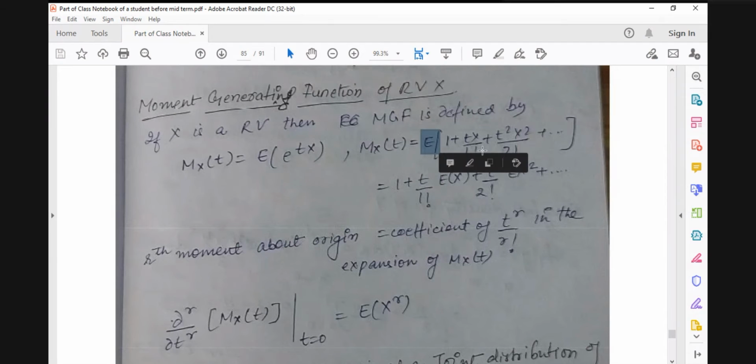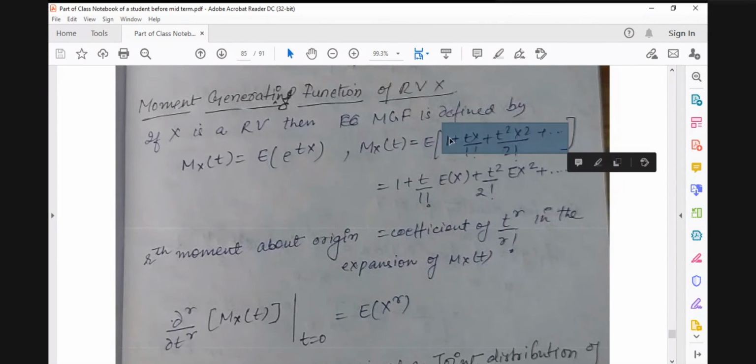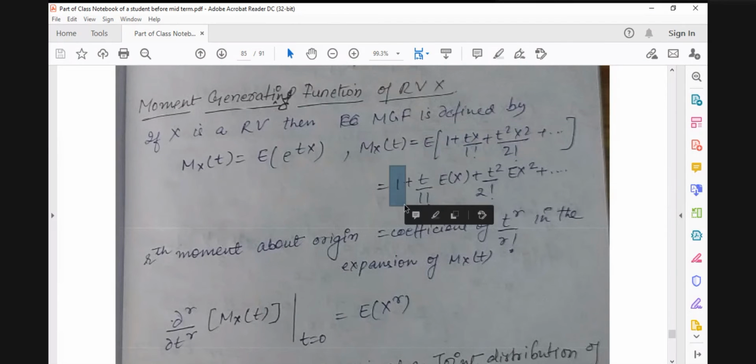So we take E on each and every term inside the bracket. The first term is constant, so the expectation of a constant remains as it is. T upon 1 factorial is a constant, so it goes outside of the E operator, and we have expectation of x. Similarly, t square upon 2 factorial is constant, and X square is a random variable, so we get expectation of x square.